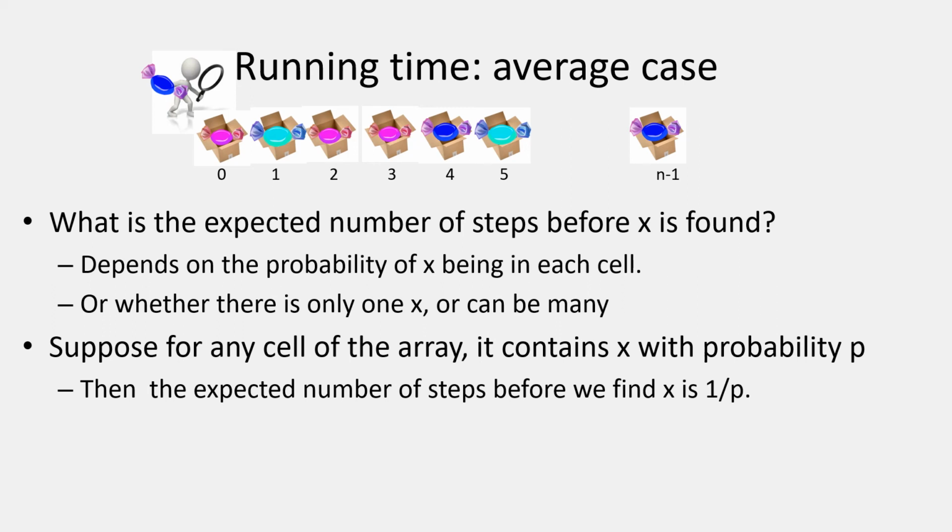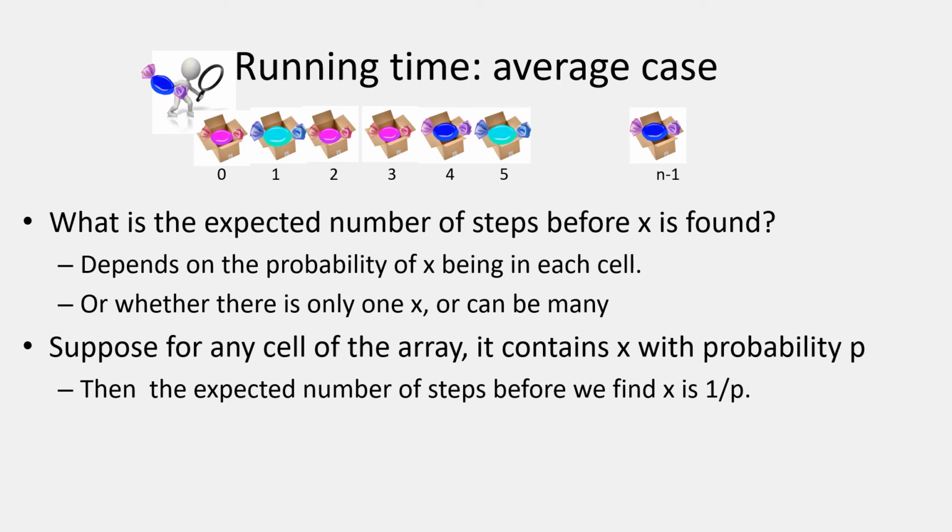Well, this depends on the probability of X being in each cell, because if you know that half of your boxes contain blue candies, that's one scenario. Then it's very easy to find a blue candy on average. But if there is only one, then you expect to spend a lot more time.